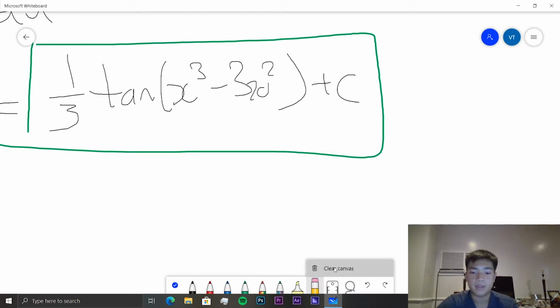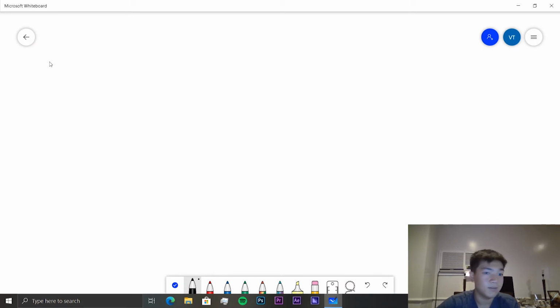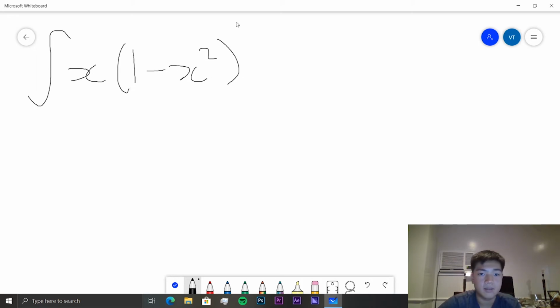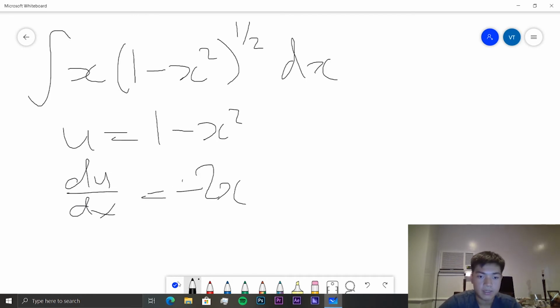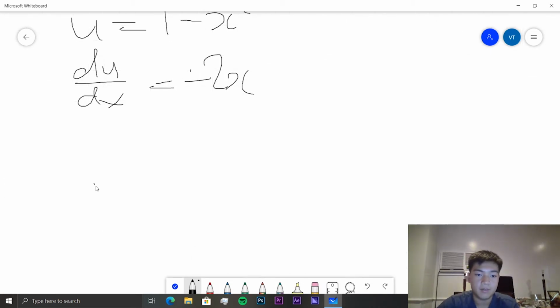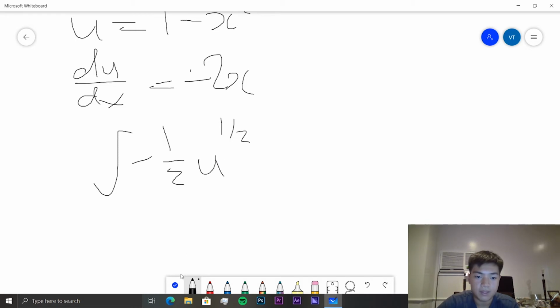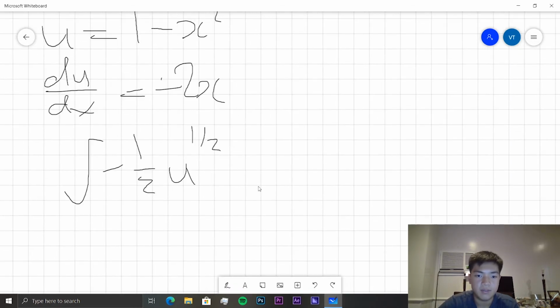Anyways, on to the next one. We have 11: the integral of x times (1 minus x squared) to the 1/2 dx. Okay, so u is equal to 1 minus x squared. du over dx is equal to negative 2x. So we have negative 1/2 u to the 1/2 du.